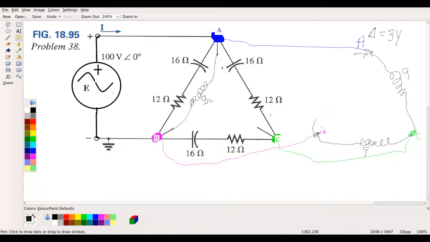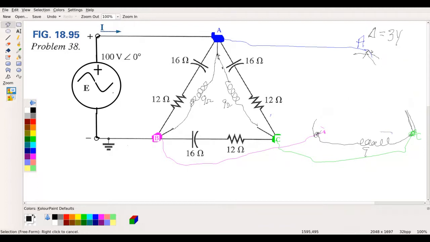Okay. And then from point A to point C, there's then the inductor. So we're going from A to C. Okay. And there's another 9 ohm, so that was this section.